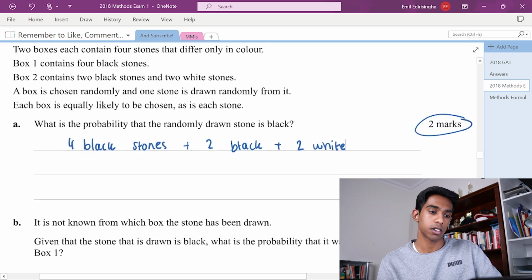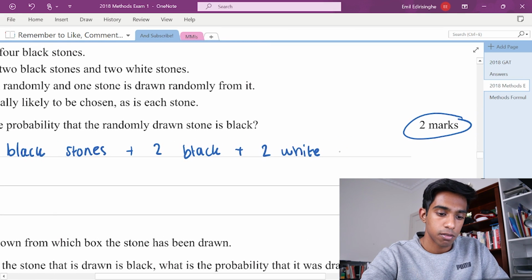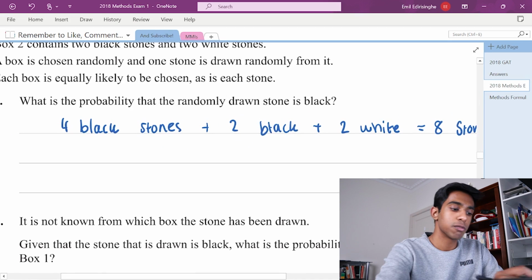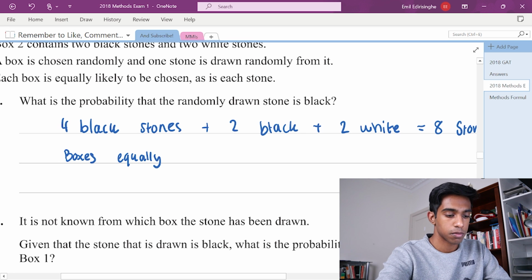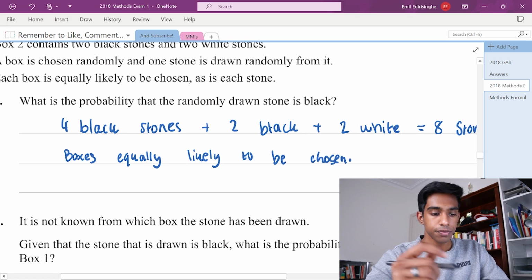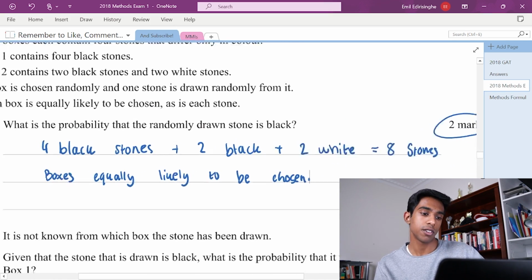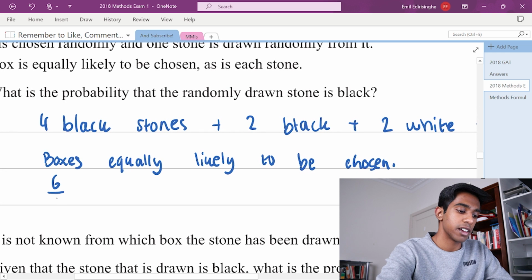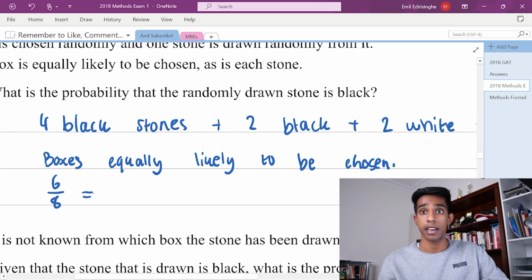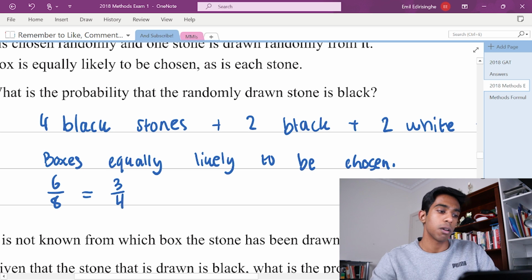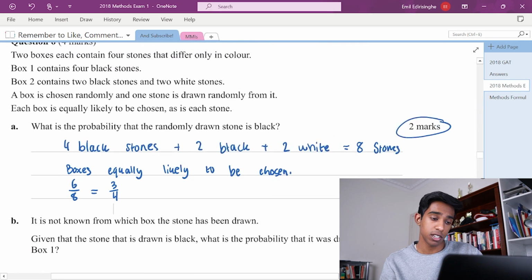So then there are 8 stones in total, and both boxes are equally likely to be chosen. You know that there are 6 black stones in total. So there's going to be a 6 on 8 probability that you pick a black stone. And from that, you get a 3 on 4 probability that the randomly drawn stone is black.